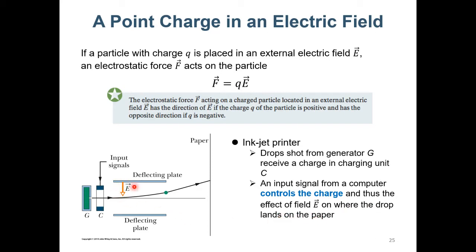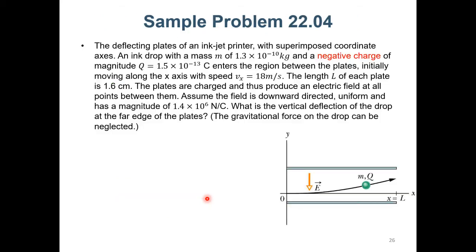Actually, changing the E field may not be so convenient, so we try to change the amount of charge. If the charge is larger, the ink will go to an upper position on the paper. If the charge is smaller, it will go more straight. If the charge is 0, it will go directly in here. The mechanism is simply like this.